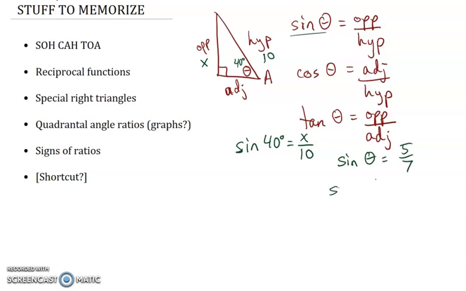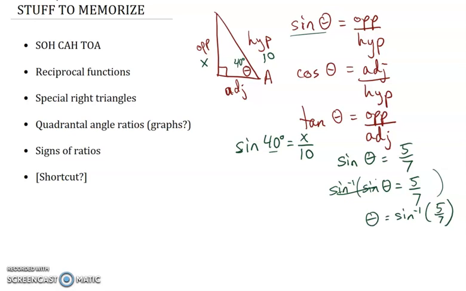When I apply a sine inverse to this whole thing, I'm undoing that sine, and then I have that theta is equal to sine inverse of 5/7. So if I know the ratio and I'm looking for the angle, I need to plug that into an inverse trig function. And if I know the angle and I'm looking for part of the ratio, then I'm using the straightforward sine function, or whichever trig function it is.